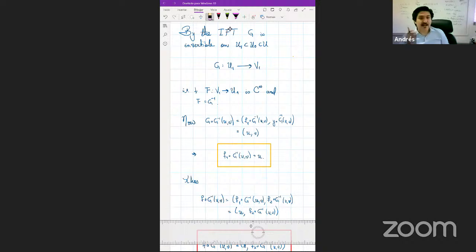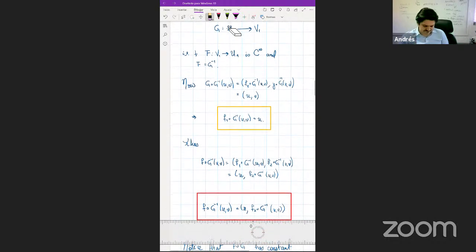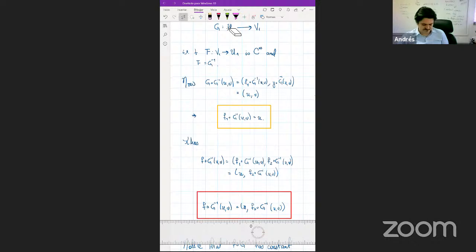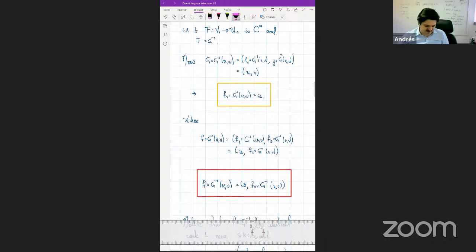So let's move on then. Yes, I rewrote the same equation that we have, emphasizing that here I have this, nice, but I must change this.